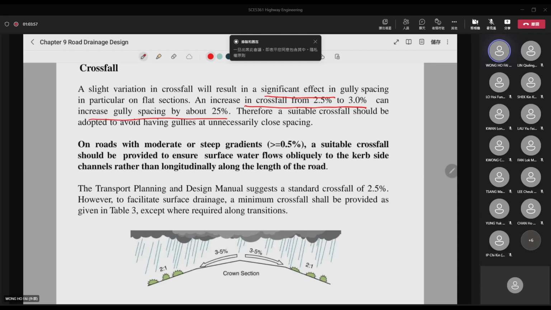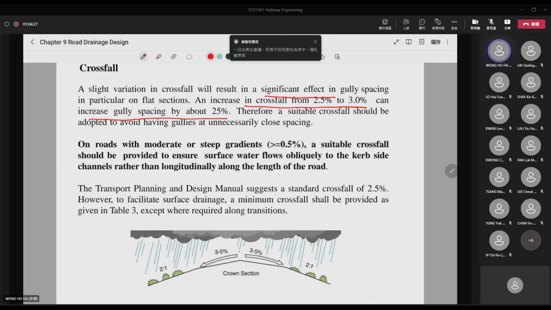That means if you have a larger cross fall, the water will go through the gully in a better way. So your gully spacing can increase by 25%. So if possible, we can apply the larger cross fall. Then you can reduce the number of gullies. That means you can increase the gully spacing.